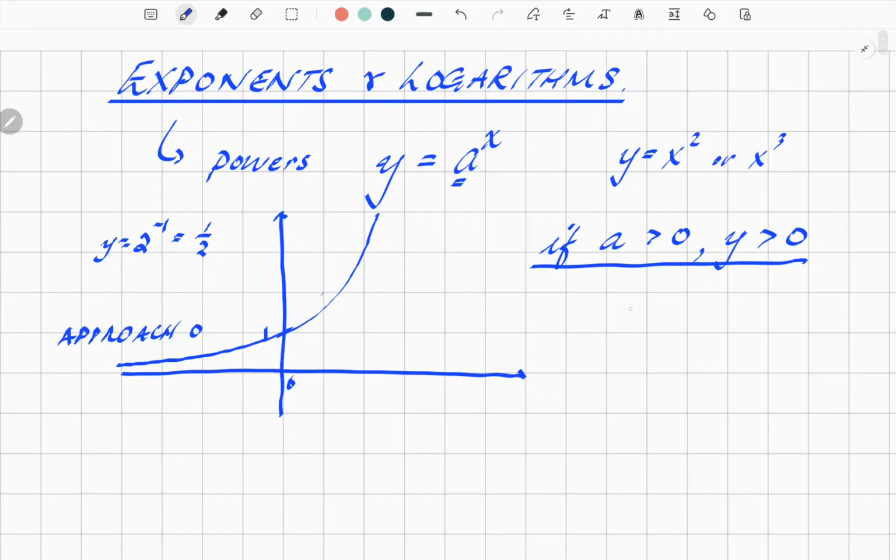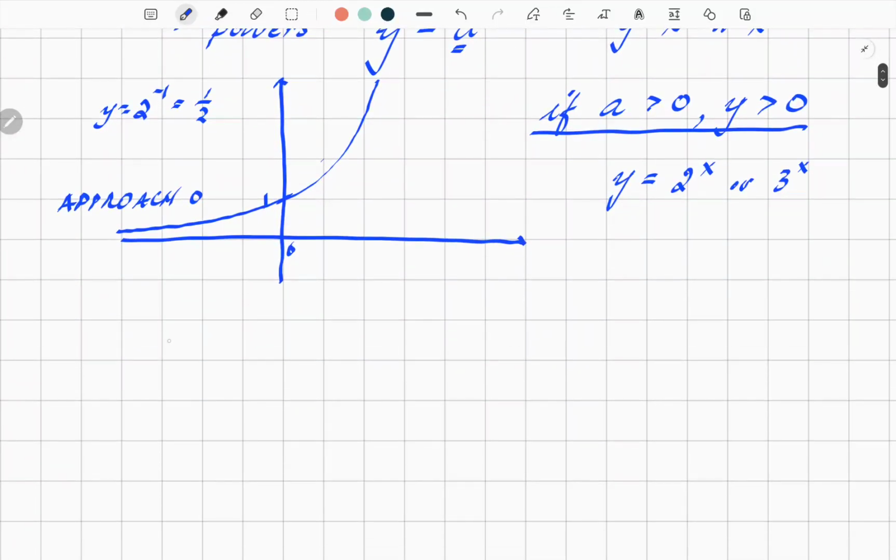Yes. All right. So examples of that, as we said, y equals 2 to the x, or it can be any number you like. The other thing is if you have a fractional a. So now picture it as a is between 0 and 1.